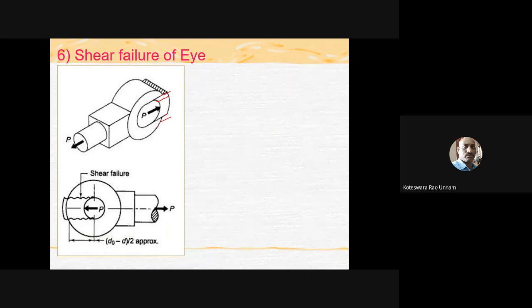So shearing here means it is in double shear. Or in this view also you can see that it is shearing here, so it is in double shear. This distance is taken as D naught minus d by 2, approximately. It is not exact, because we cannot exactly estimate where it is going to shear, or whether it is exactly symmetric or not.